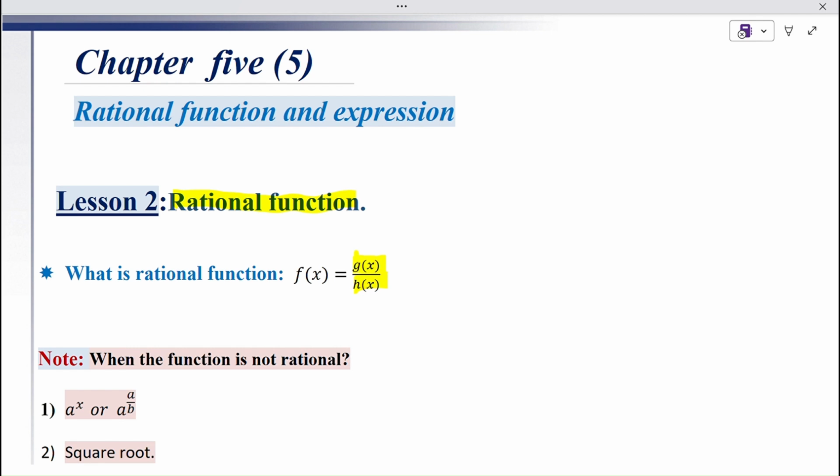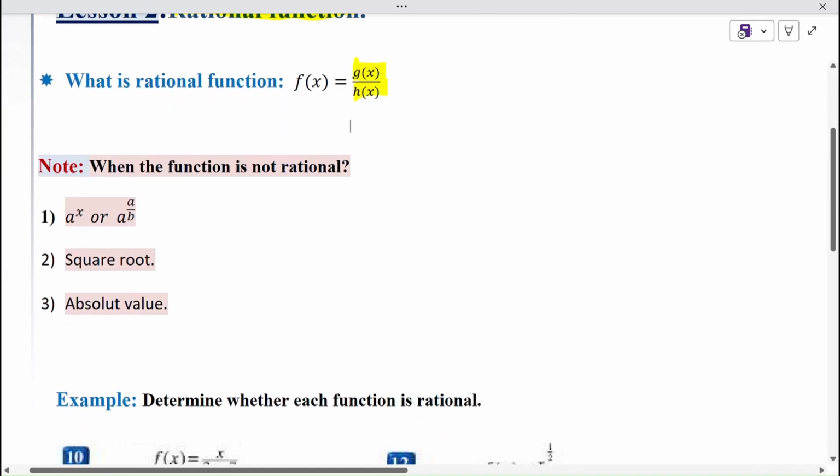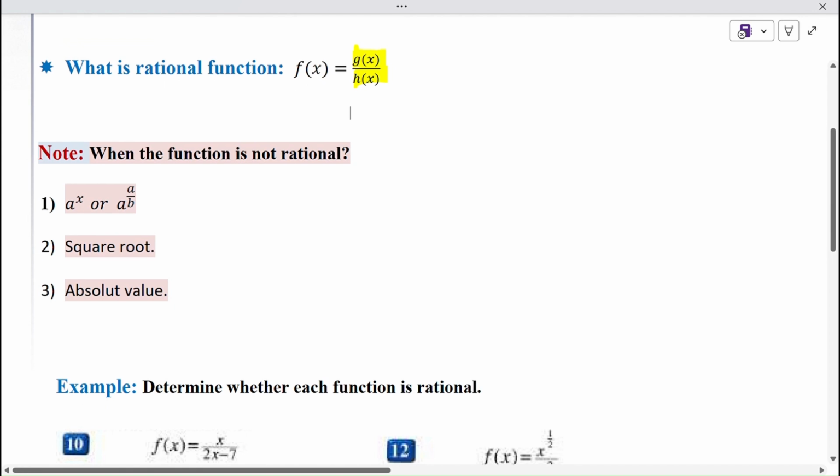So what about when the function is not rational? Look at here. You have three steps for determining whether the function is rational or not rational. For not rational, if we have an exponent of x or an exponent with a fraction, this is not rational.